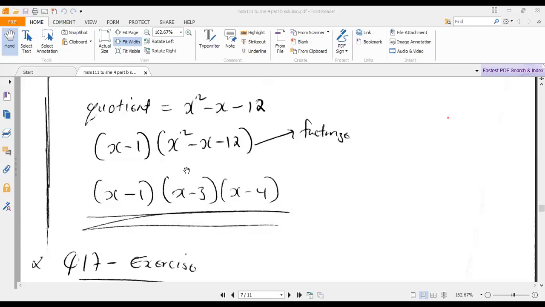So we have x squared plus 3x. Then we also have negative 4x minus 12, isn't it? We factor out the negative 4, get x plus 3. Oh, I guess you're right, sir. Here it's supposed to be positive.